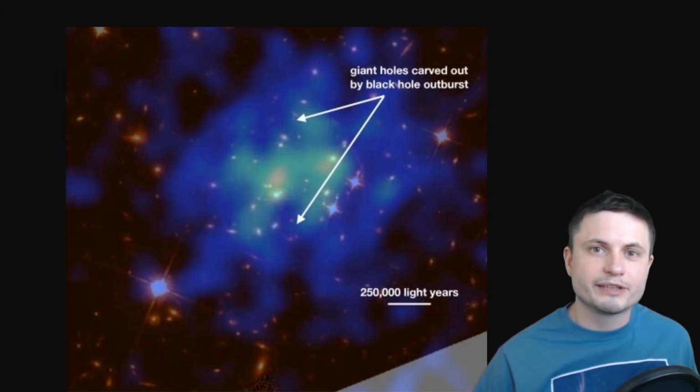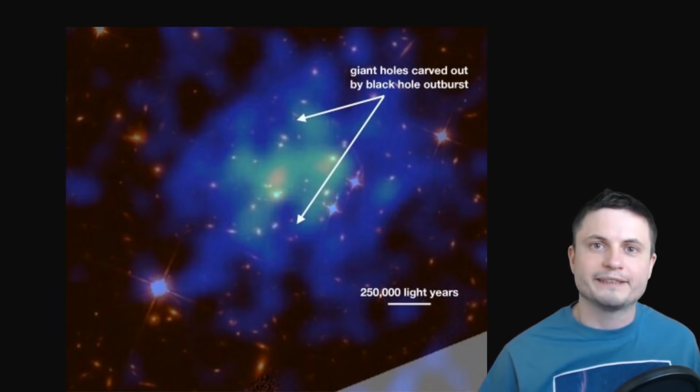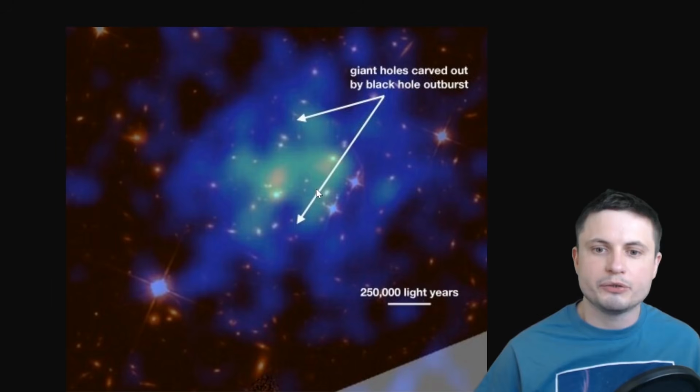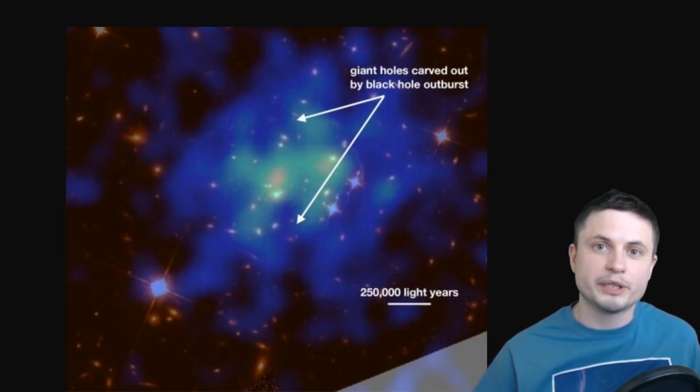And so by looking at this galactic cluster known as SPT 0528, the scientists were able to see these unusual formations, which upon further analysis turned out to be these unusual holes in the middle of gas inside the galactic cluster.